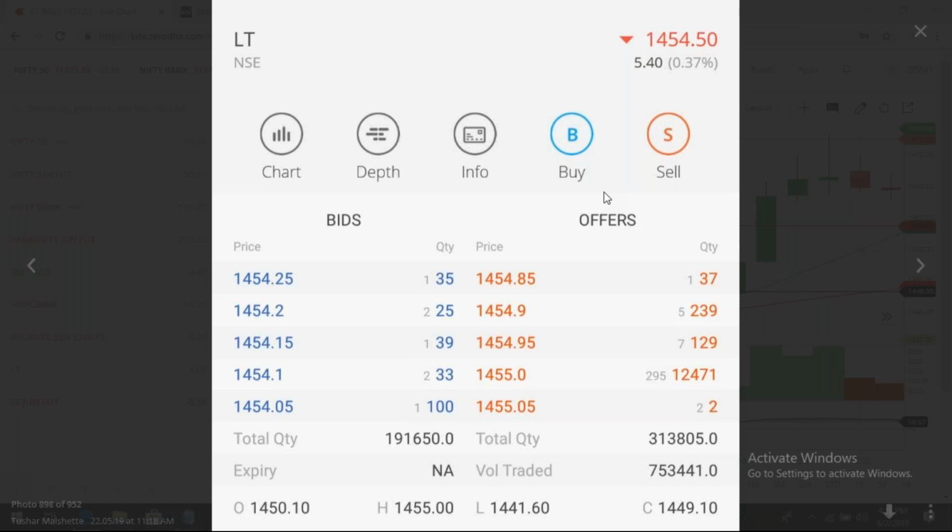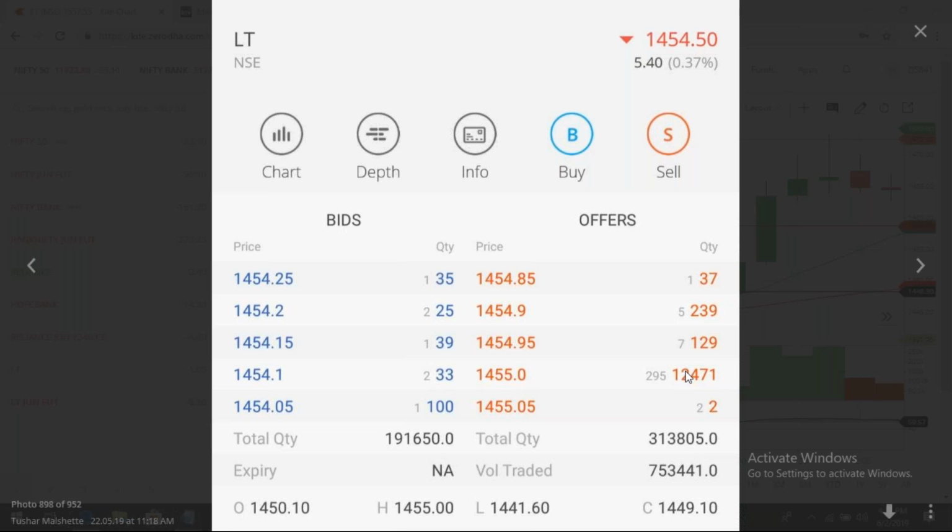Only 12,000? Absolutely right, Deepak Patel. I have more than crores of quantity, not in thousands, in crores. But how much am I selling? Just 5 to 10,000 quantity. Why? To make the retail investor fool.